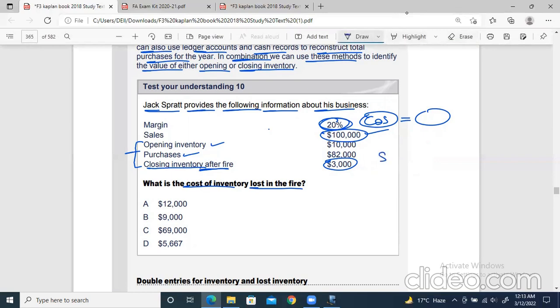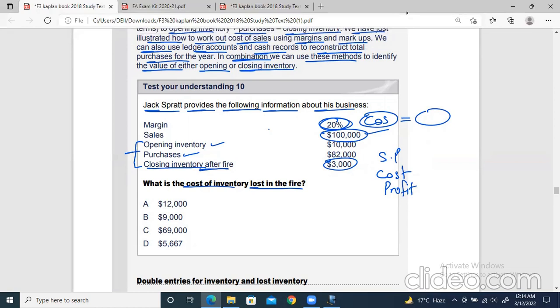First of all, selling price, cost, and profit. Now, please note this cost is basically the cost of sales. We can call it the cost of sale, because if we minus the cost of sale from selling price, we automatically get which figure? Gross profit. Right. Now sales is given over here. First, let's ascertain the percentage. 100% fixed selling price, right? That's fine.